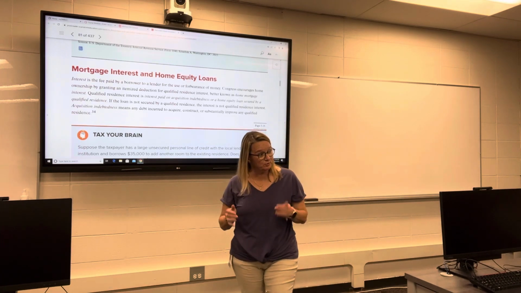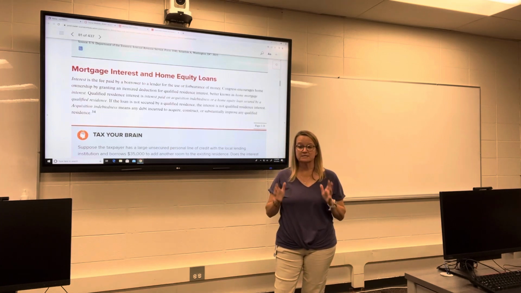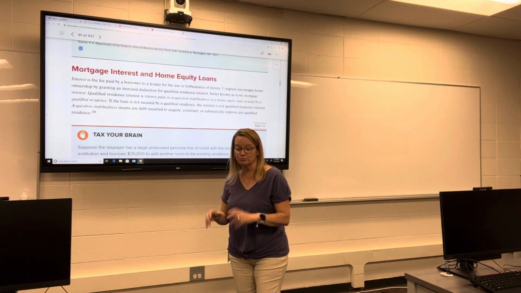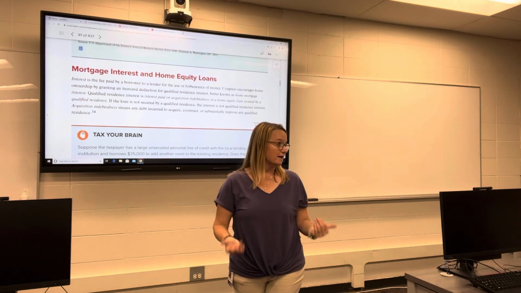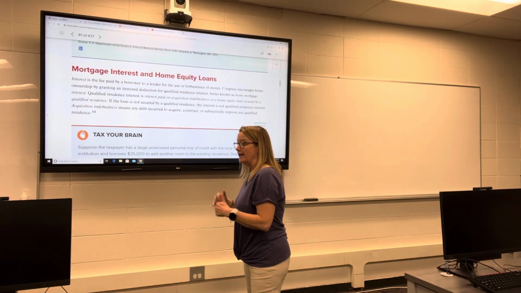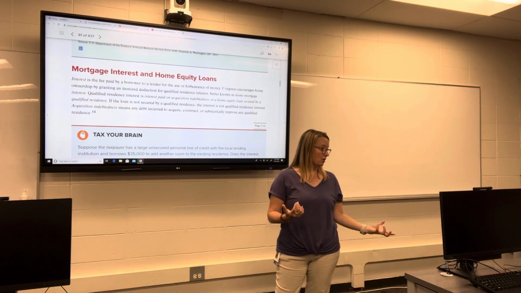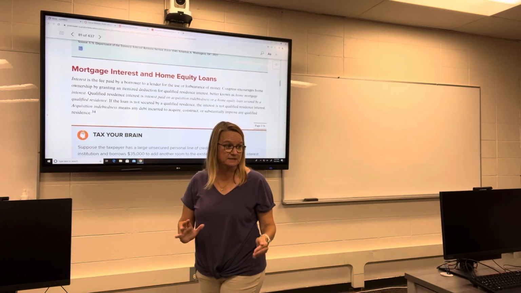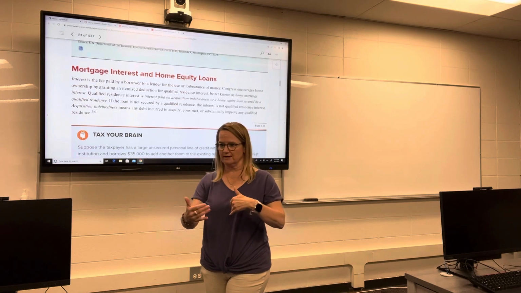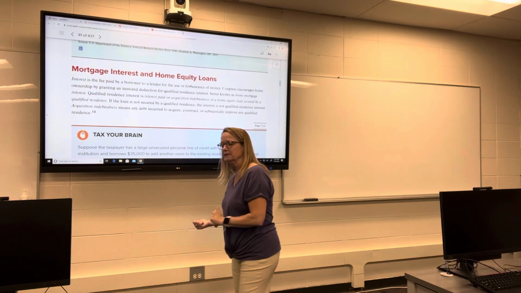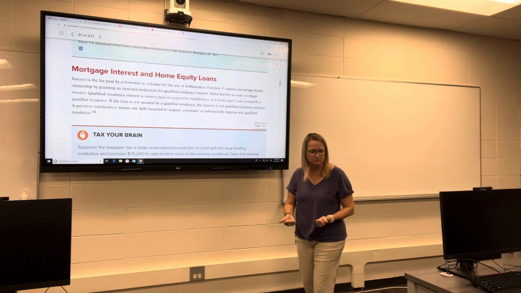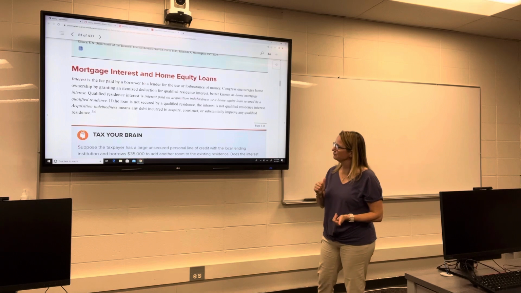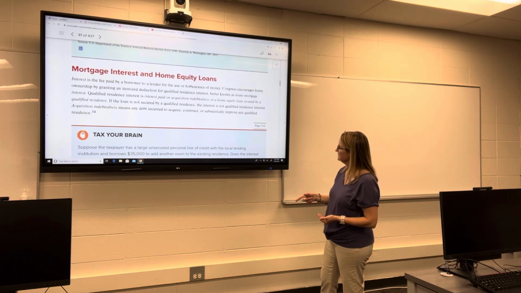That is deductible interest as long as it is used solely for the purpose of improving the property. If you take out a home equity loan and you use it to pay off credit card debt, then any interest paid toward that would not be considered deductible, because that's really just a workaround, right? So it only pertains to loans taken out for a qualified residence.